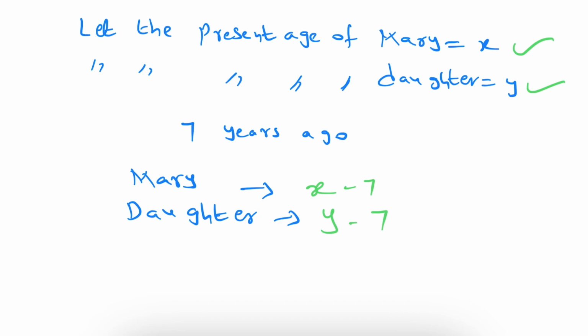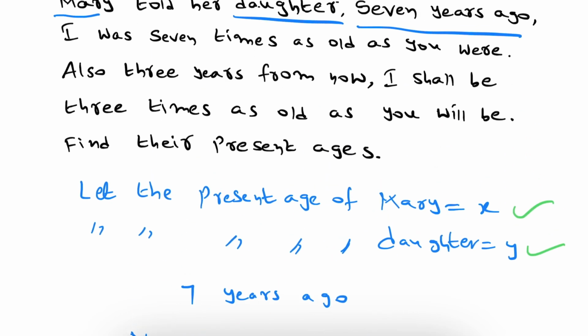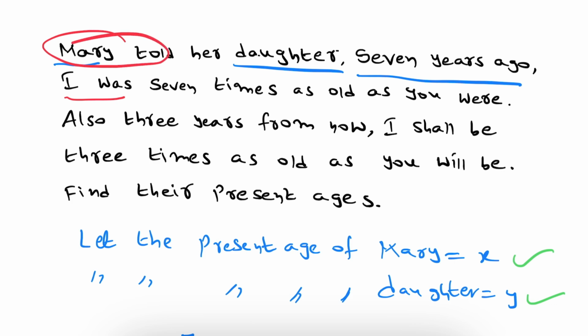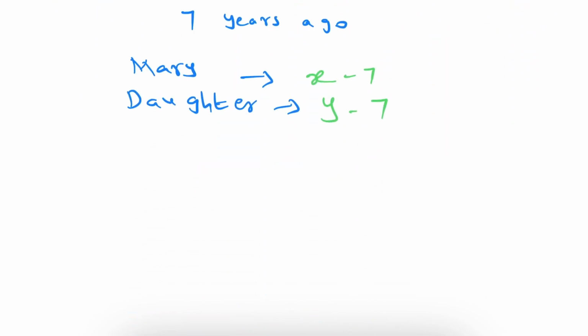Now what is the condition he gave? 7 years ago I was, here I means Mary is saying, right? So Mary was 7 times as old as you were. Here you means daughter. So Mary was 7 times as old as her daughter used to be. So Mary, X minus 7, equals 7 times her daughter.